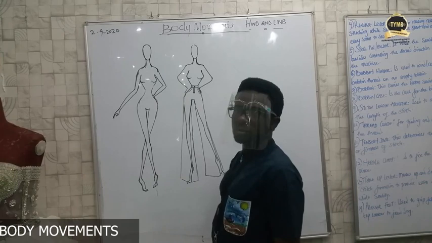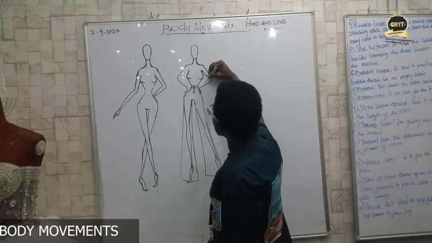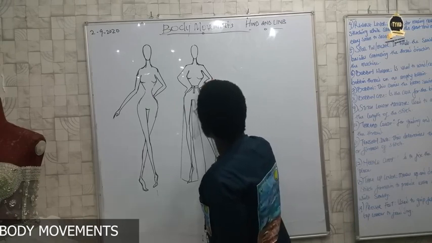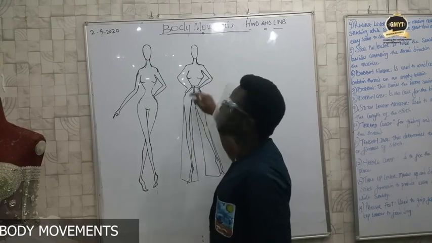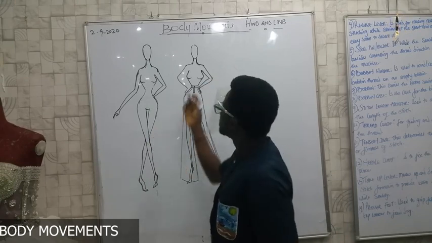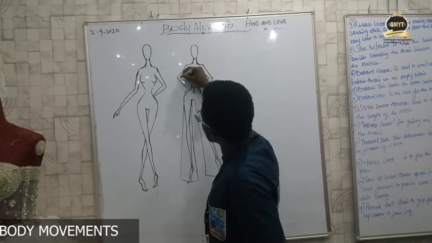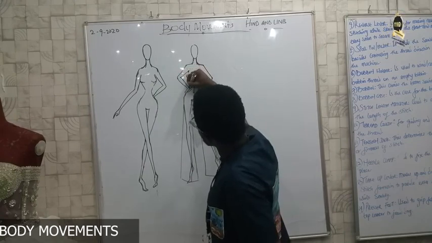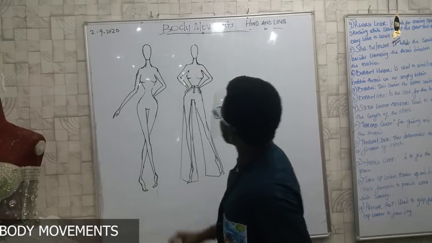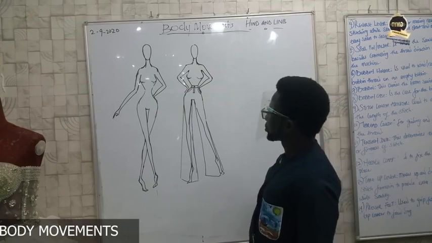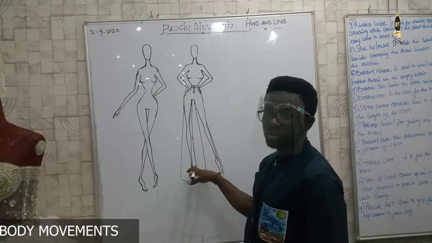Now narrow it to the wrist, because the wrist and the elbow can be the same width. The wrist is smaller. Now I'm leaving the legs inside so you can have an understanding of what I'm talking about.